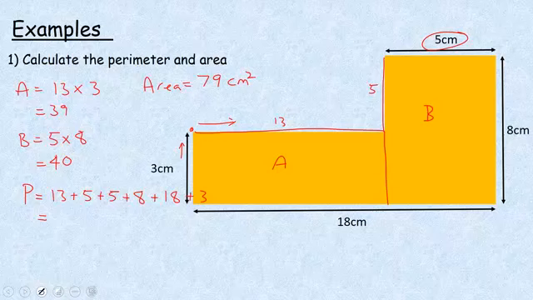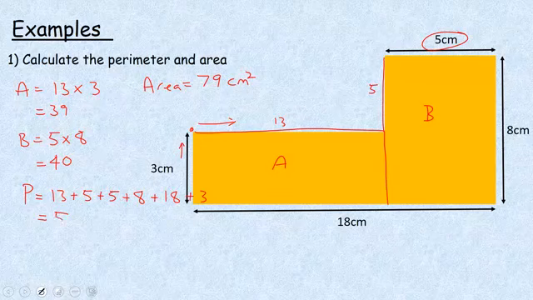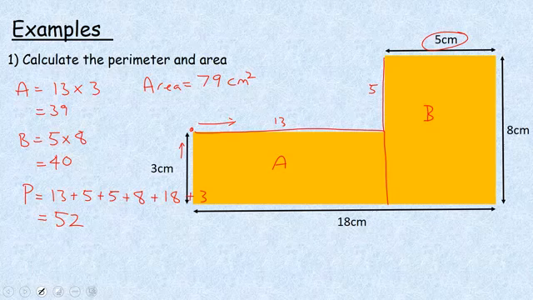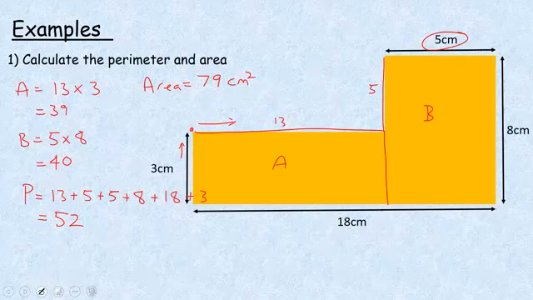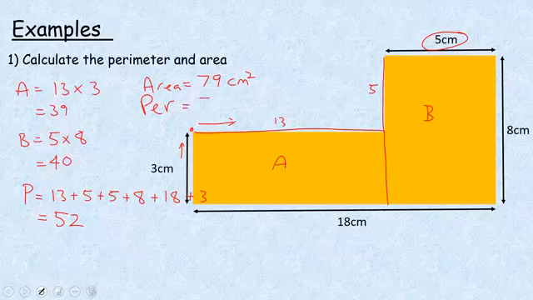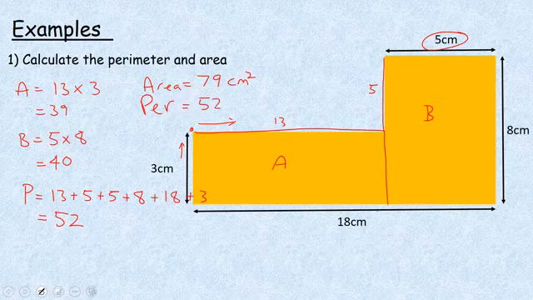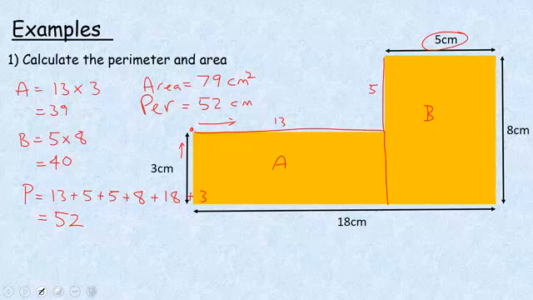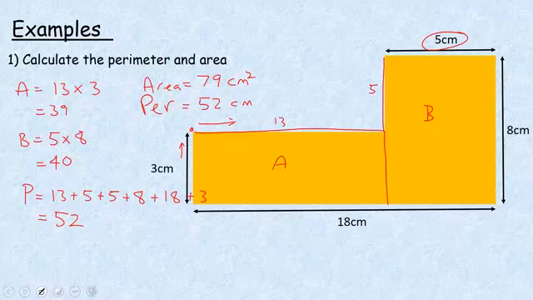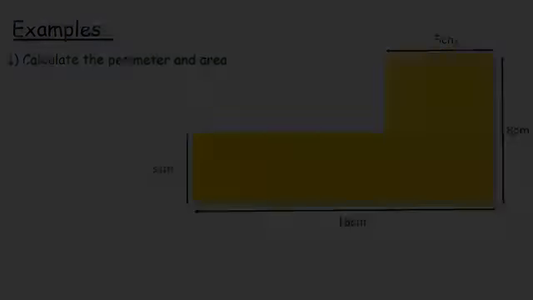Adding all them together, we will get 52. Now perimeter is just a length, so that is just in centimeters. Let's look at another example now.